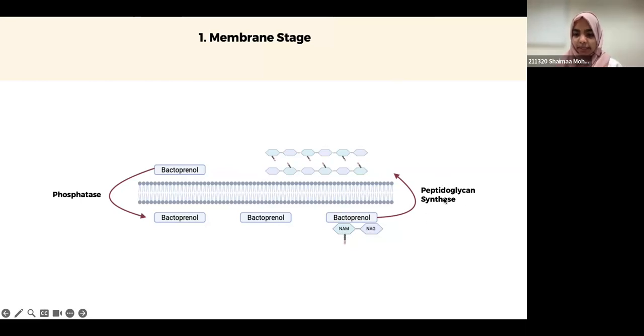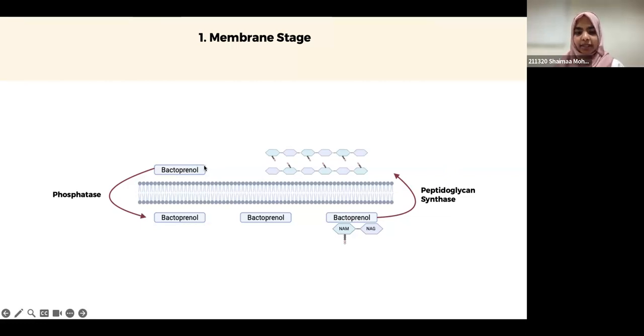And this is with the help of an enzyme called peptidoglycan synthase, which is also going to attach the chains to each other linearly. So bactoprenol carries NAM pentapeptide and NAG outside, and then they're going to be linked with the help of peptidoglycan synthase.